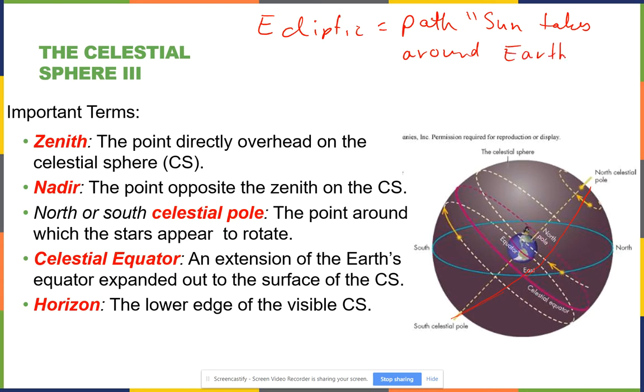I put this in quotes because it's patently incorrect: the path the sun takes around the earth. Why is that patently incorrect? The earth's going around the sun, not the sun around the earth. But as we view the sun in the sky, the sun appears to mark out this path in the sky.